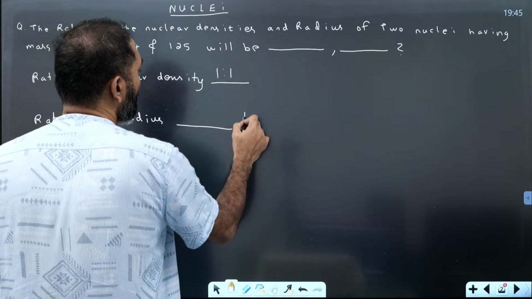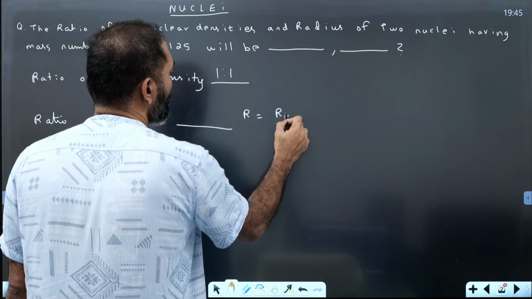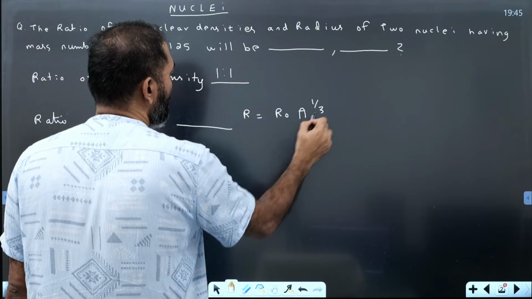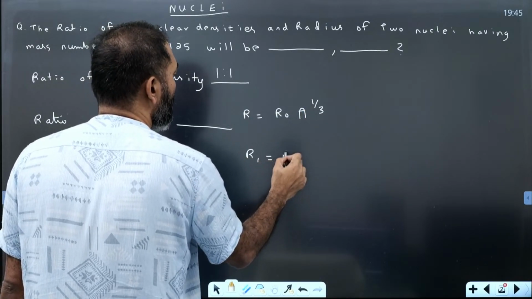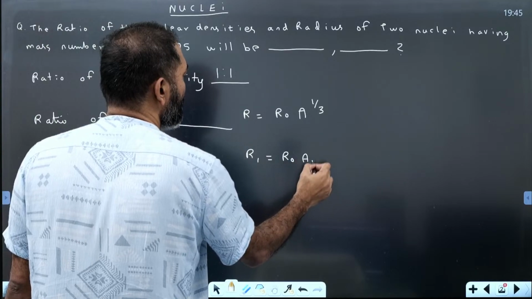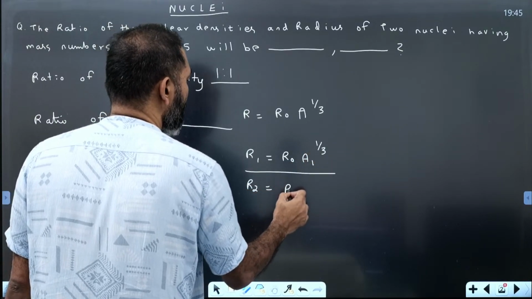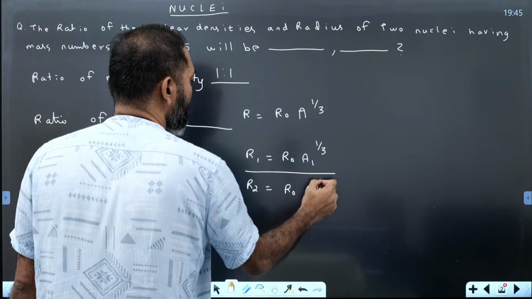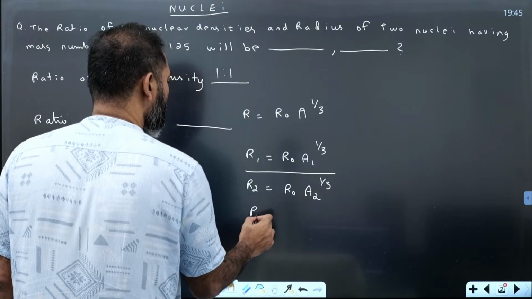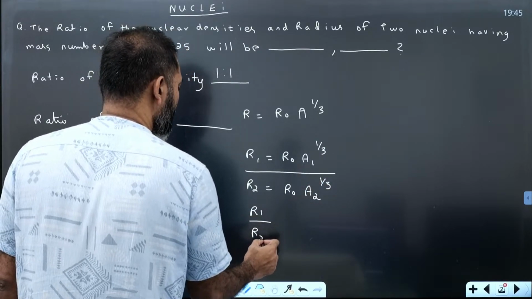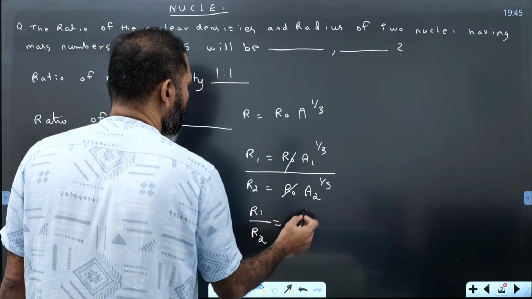What is the equation for radius of a nuclei? R equal to R0 A raised to 1 by 3. So R1 is equal to R0 A1 raised to 1 by 3. R2 is equal to R0 A2 raised to 1 by 3. So what is R1 by R2? It is that thing we have to find out. So R0 gone.